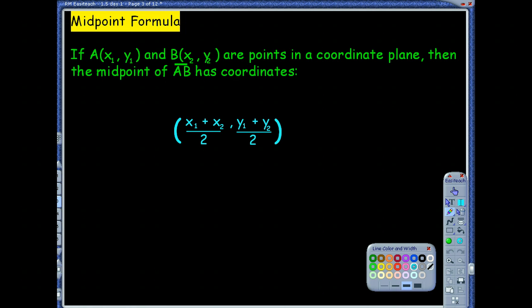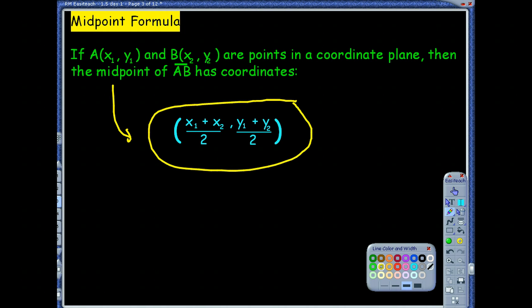All right, and the midpoint formula says that if you have 2 points, and we've just called them point A, whose coordinates would be (x1, y1), and point B, whose coordinates would be (x2, y2), then, and this is in a coordinate plane, so they don't have to be a straight horizontal line, the midpoint of that segment will have the coordinates that are averaging the x values and averaging the y values.